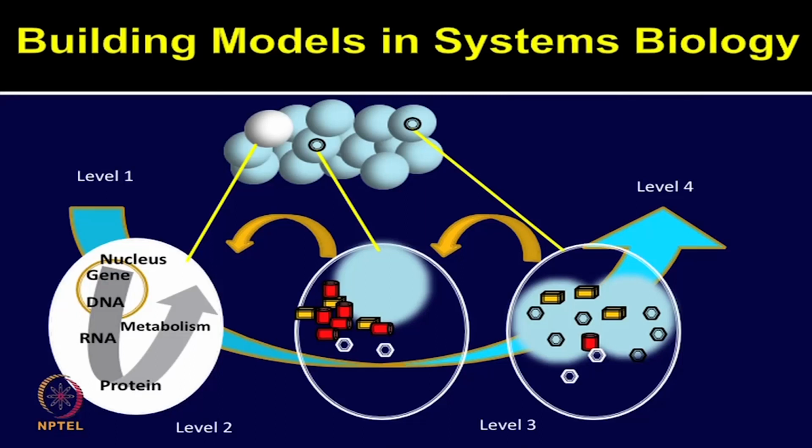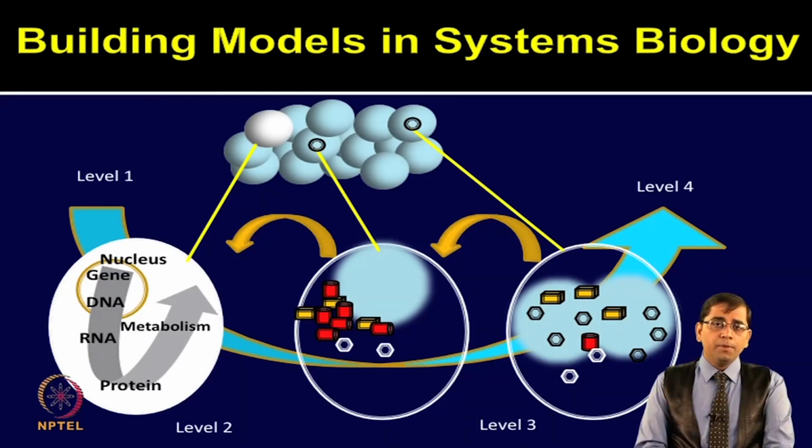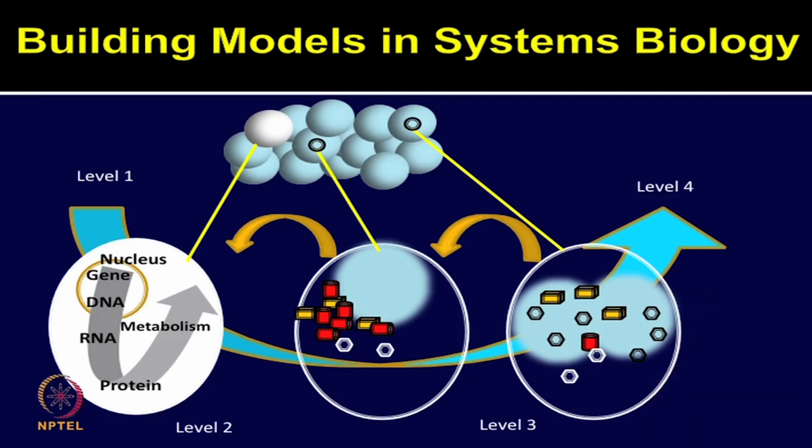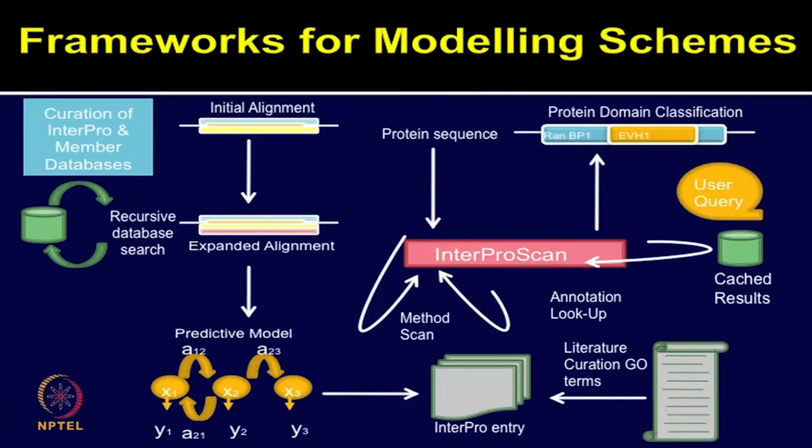To build the models in systems biology, information is generated at different levels. Level 1 such as DNA and gene expression, level 2 the intracellular networks, level 3 cell and transmembrane signals, and level 4 integrated organ level information. What are the frameworks required for modeling schemes?